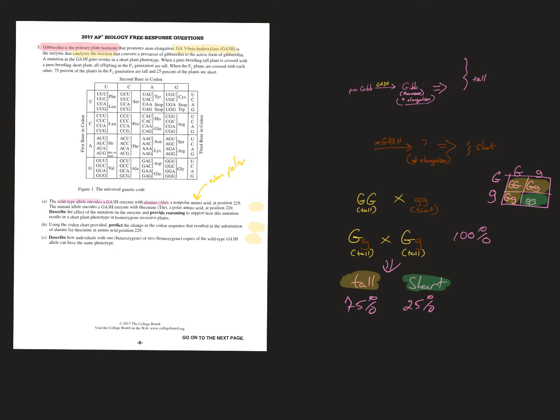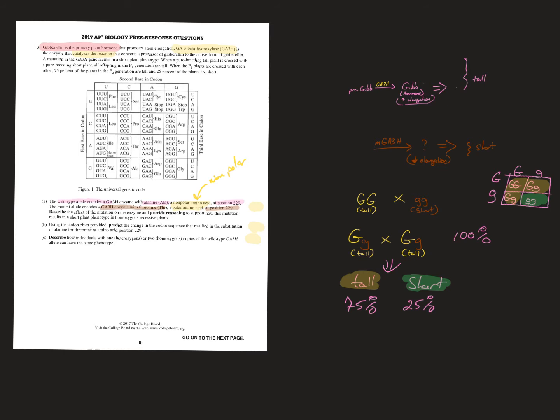A mutant allele has threonine. So now the mutant allele, the M, let me use brown because that's what I used for the mutant previously. So brown, threonine at position 229, and that's a polar amino acid. So the big difference in this amino acid chain is here.